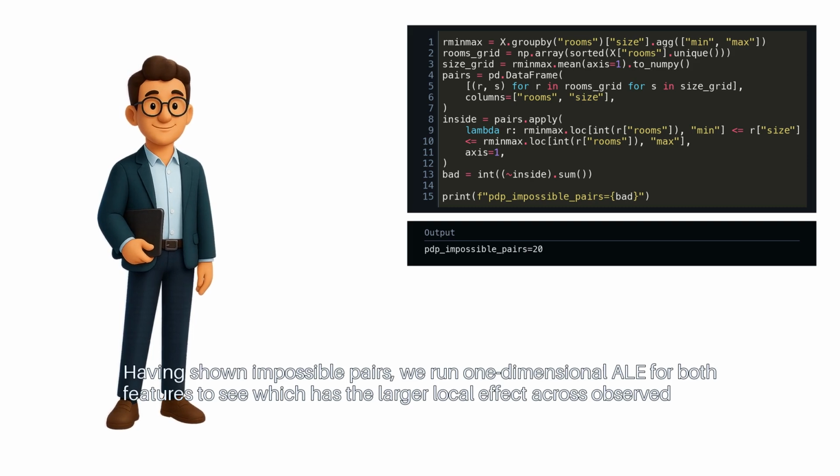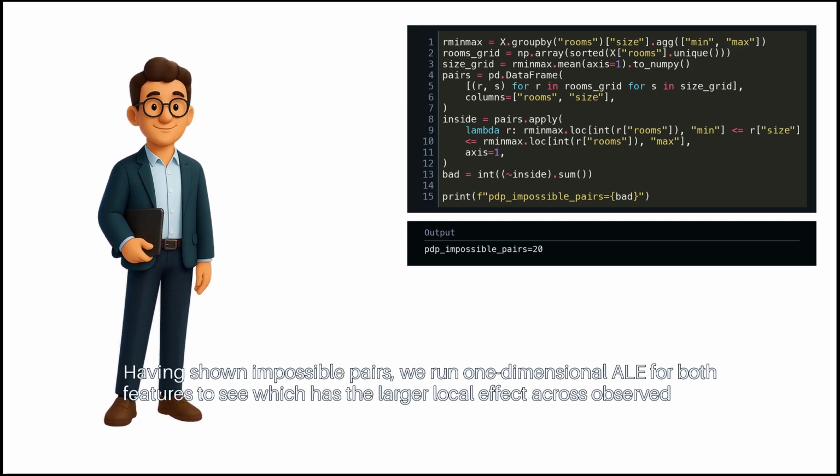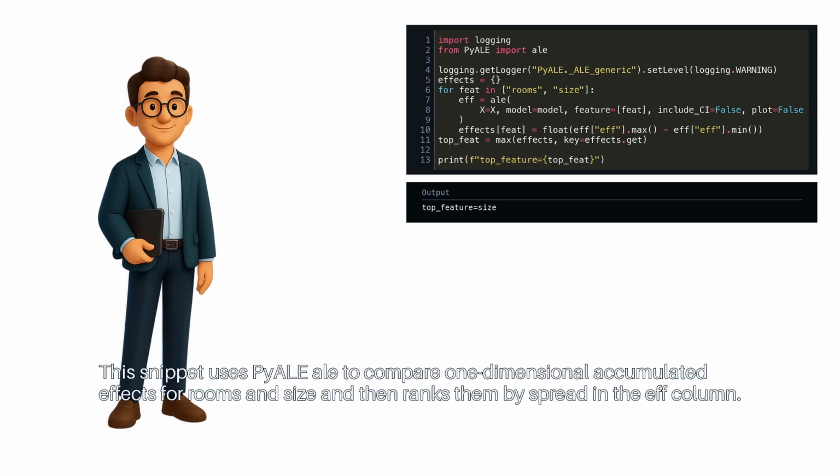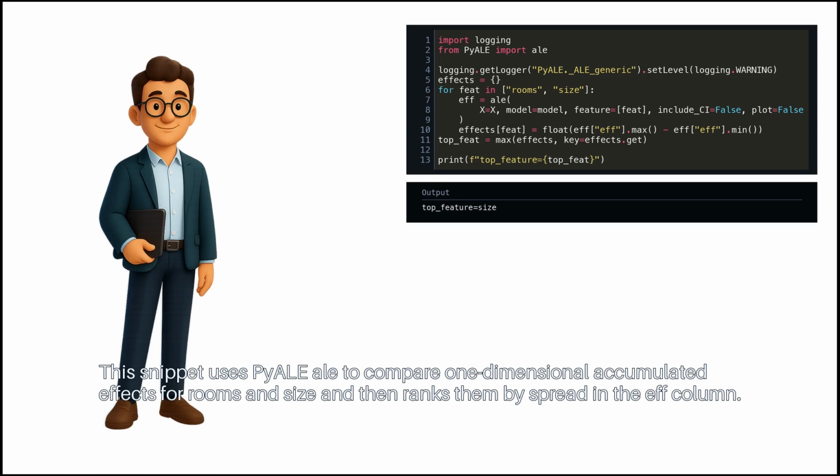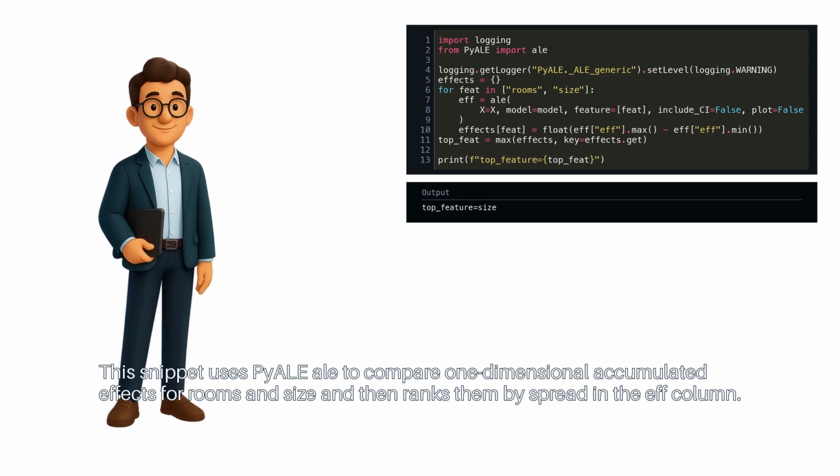Having shown impossible pairs, we run one-dimensional ALE for both features to see which has the larger local effect across observed neighborhoods. This snippet uses PyALE to compare one-dimensional accumulated effects for rooms and size, and then ranks them by spread in the F column.